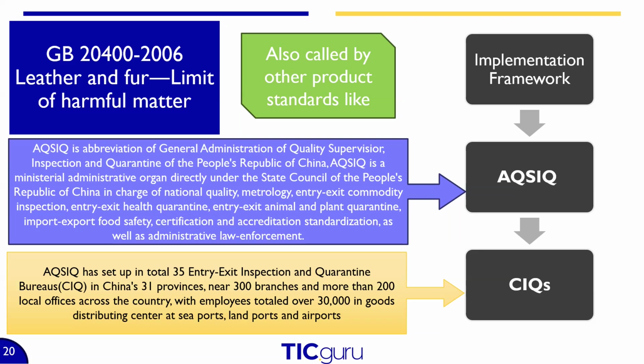The CIQs are what these are based on. You could consider them as the laws. The entity has set up 35 entry-exit inspection and quarantine bureaus, CIQs, in 31 provinces, with nearly 300 branches in more than 200 local offices across the country, and employs a large set of people. Now, this is from the internet. It could be slightly different in reality.